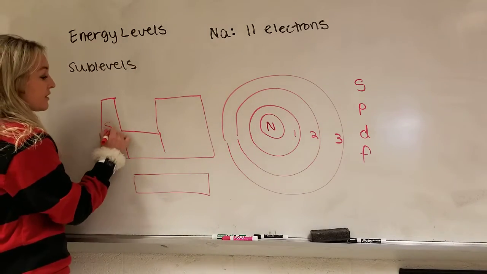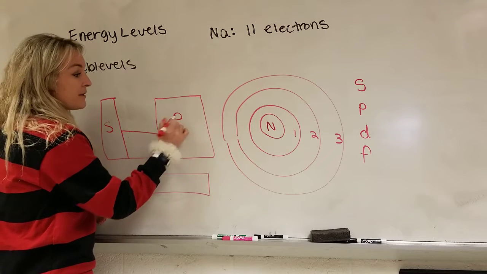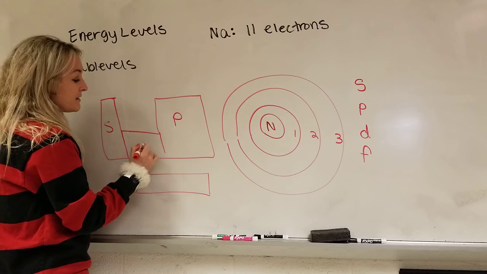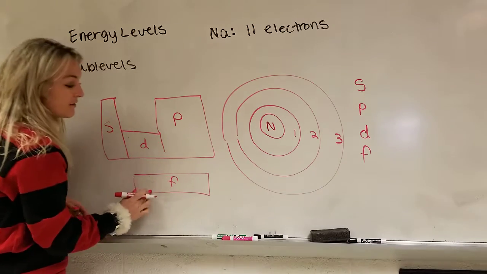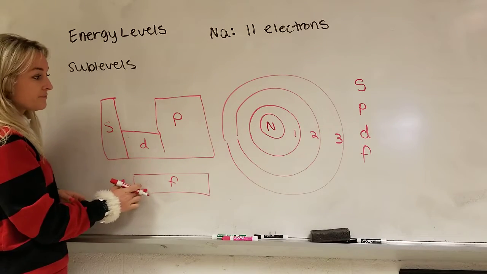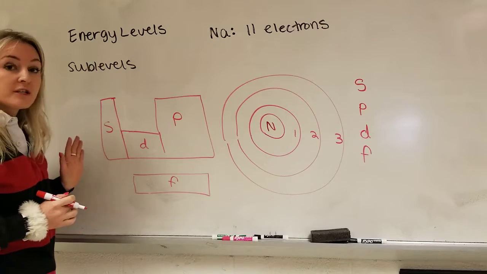So these first 2 groups are the S block. Here, this is the P block all the way over on the other side. The D block is right in the middle. That's the transition metals. And the F block is down here, the lanthanides and the actinides. So it goes S, P, D, and F. That's how the organization on the periodic table works.